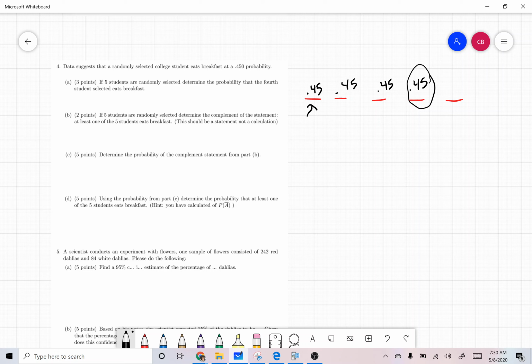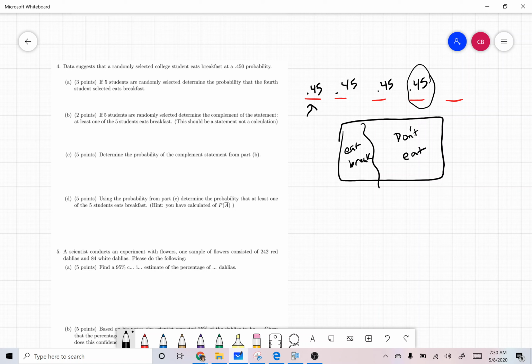So if you have this world, you have people who eat breakfast, and students who don't eat. Obviously, I've made it bigger. It's not proportionate because this is 45%. It would be closer to about halfway for both. But with that being said, the probability that at least one person.